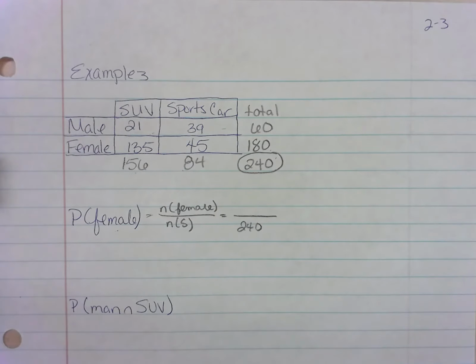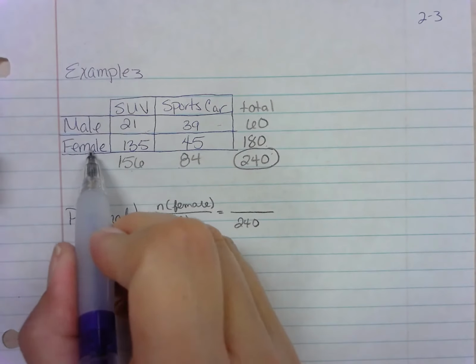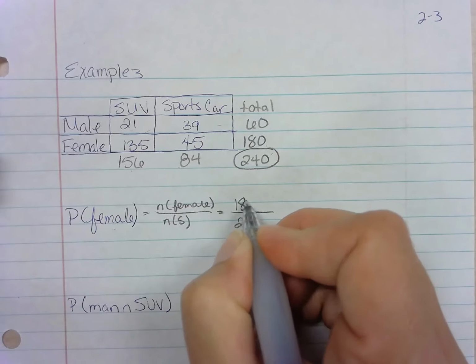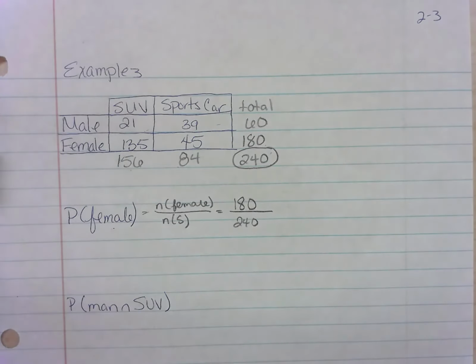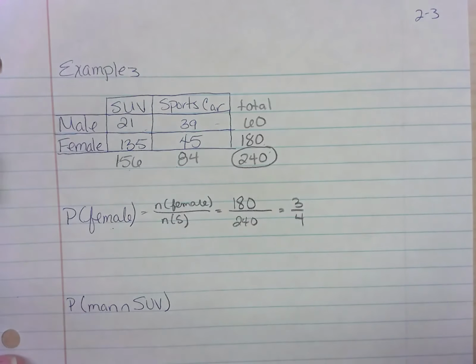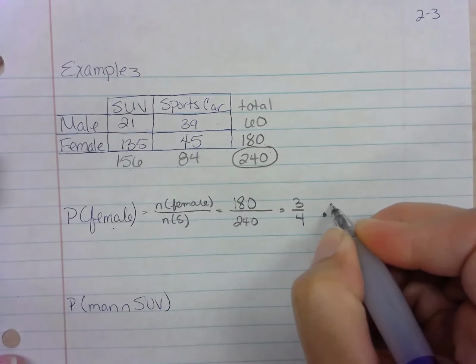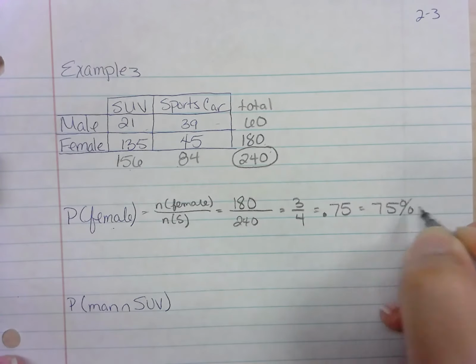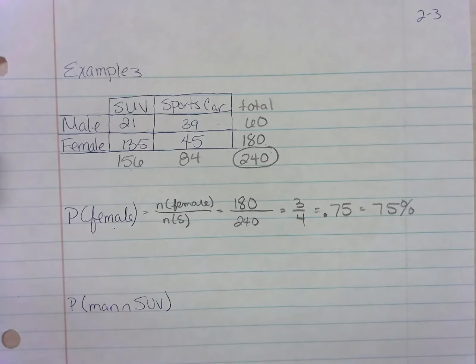And then we want to know, how many of them were female? Well, we go to the row for female, we go all the way over to the total, and we see that 180 of the respondents were female. And you can reduce this fraction if you want to. It reduces to 3/4, which as a decimal is 0.75, and as a percentage is 75%. So 75% of the people who responded to this survey were female.